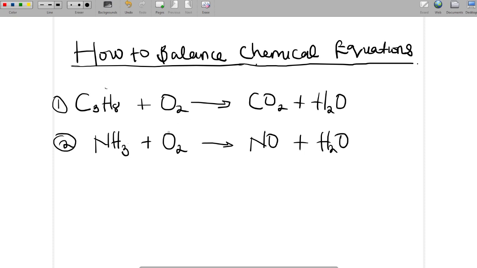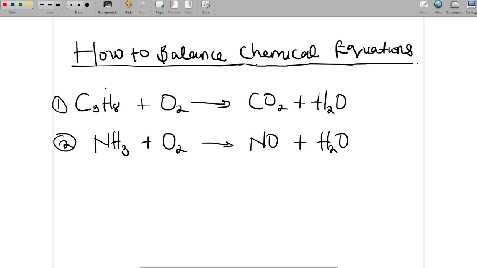How do we balance this? Let's begin with the first one before we go to the second one. If you look closer right here, you will discover that we have three atoms of carbon. This subscript represents the number of atoms in this molecule or compound.